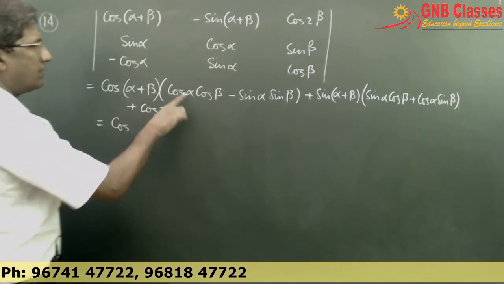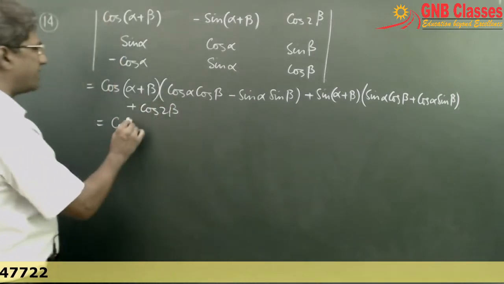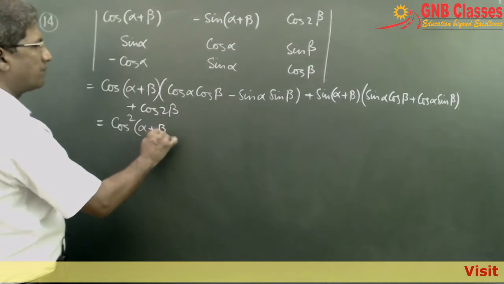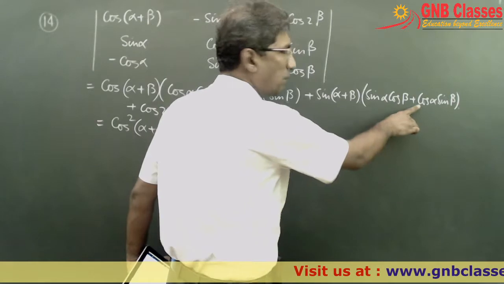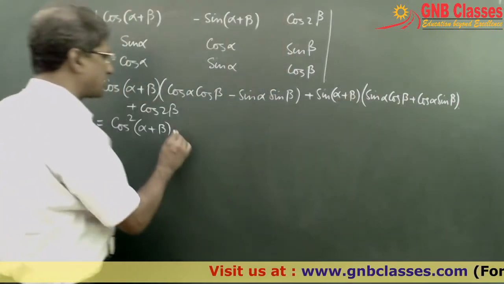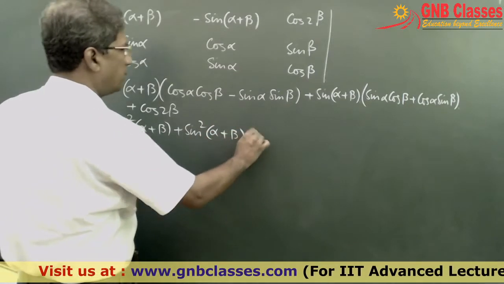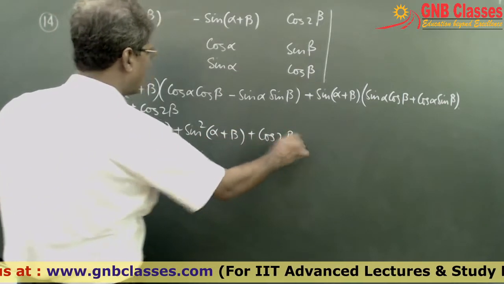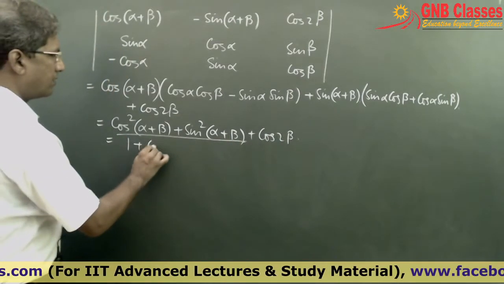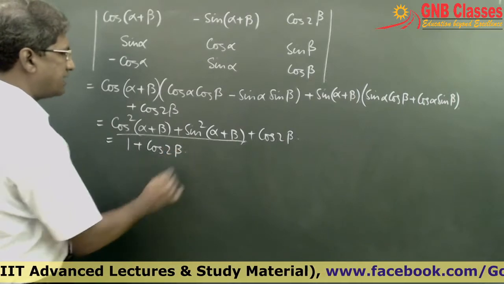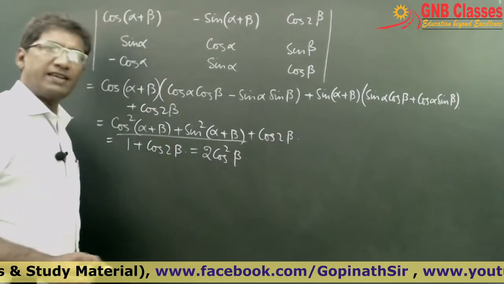Now we are getting cos alpha cos beta minus sin alpha sin beta will give you cos alpha plus beta. So it is nothing but cos square alpha plus beta. Sin alpha cos beta plus cos alpha sin beta will give you sin alpha plus beta, which will give you sin square alpha plus beta in this case, plus cos 2 beta. This is nothing but your 1 plus cos 2 beta, which gives you what? 2 cos square beta. Is it clear?